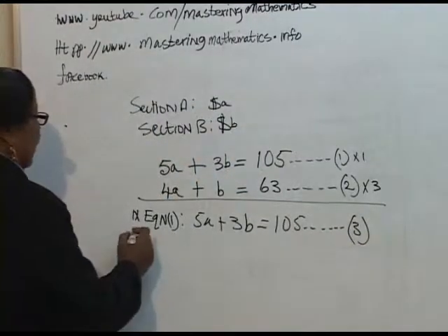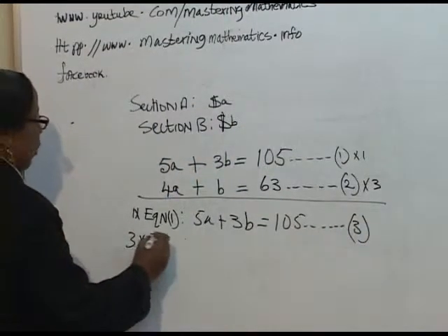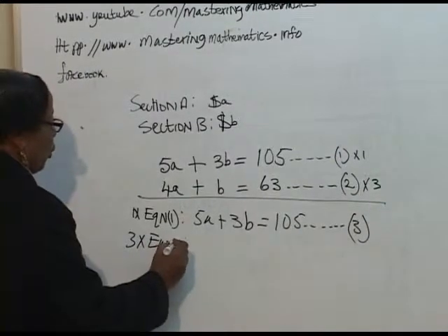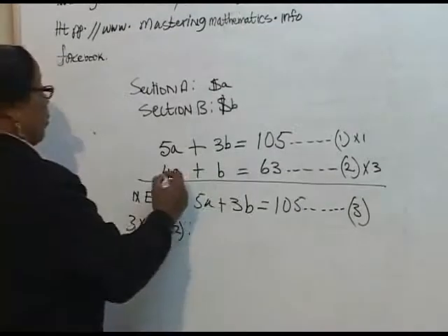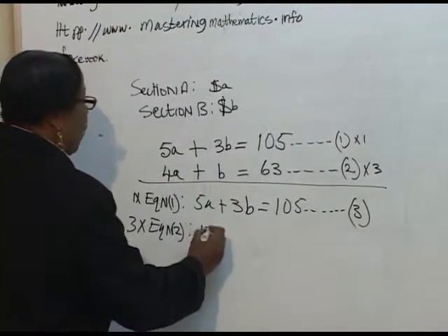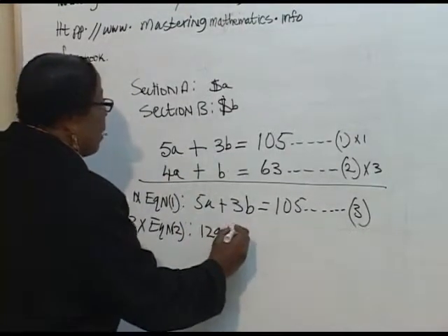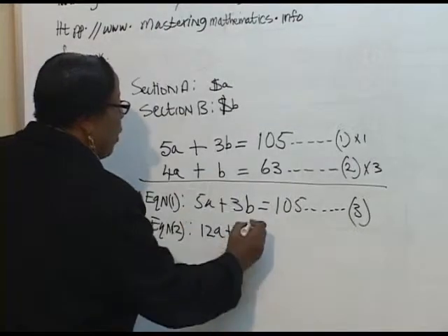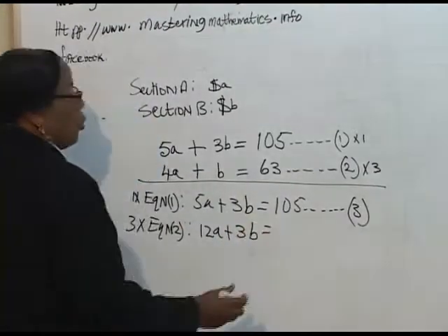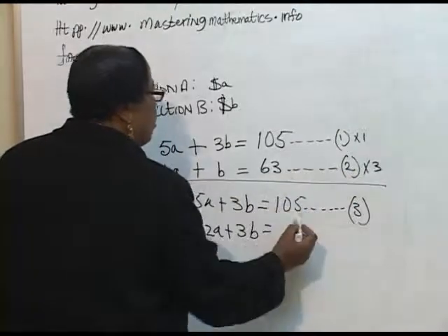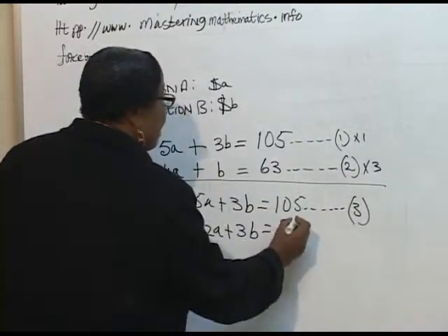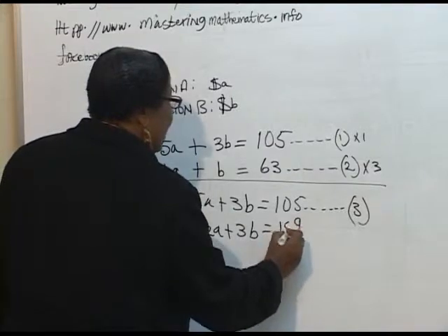And then it is 3 times equation 2. So then we're going to be getting, it is 3 times 4, which would give you 12A, plus 3 times 1B, which is equal to 3 times 63. So we say 3 3s would give me 9, and it is 3 6s, which would give you 18.